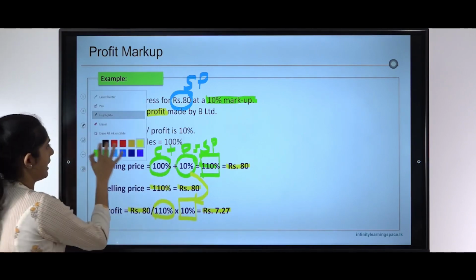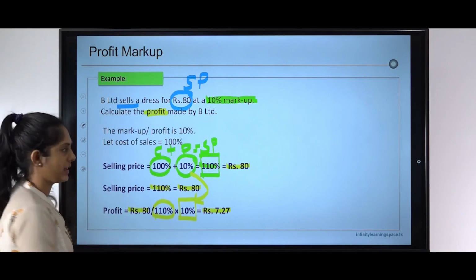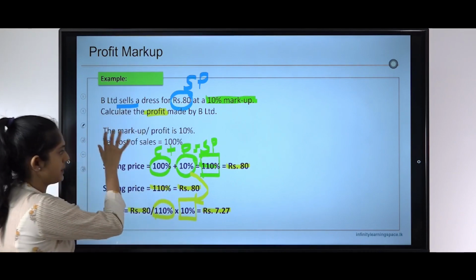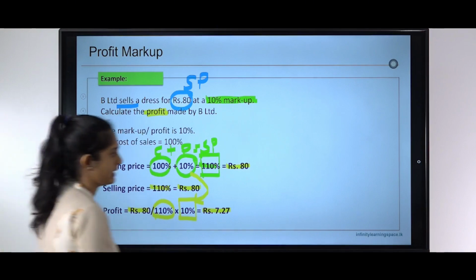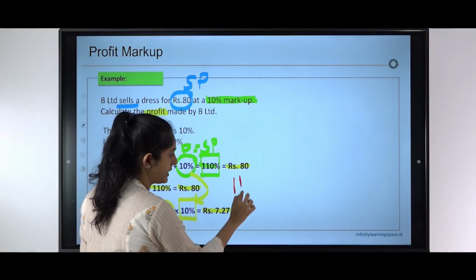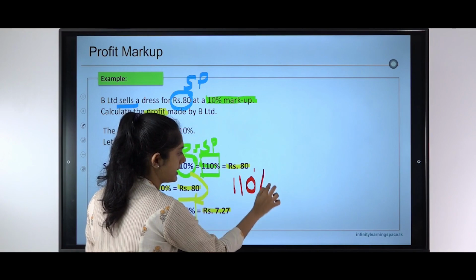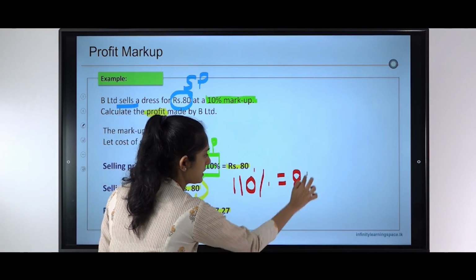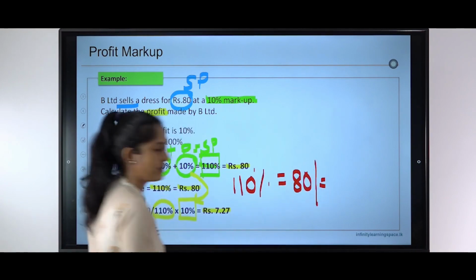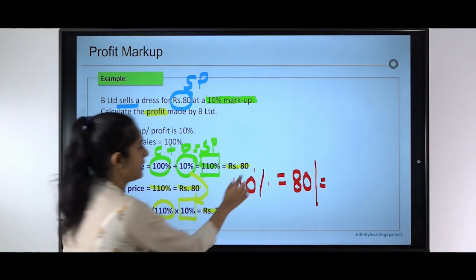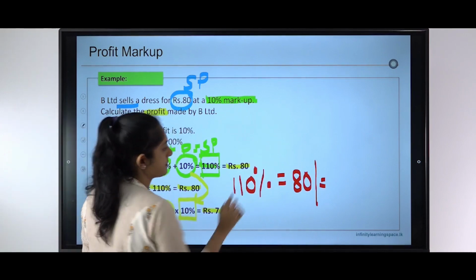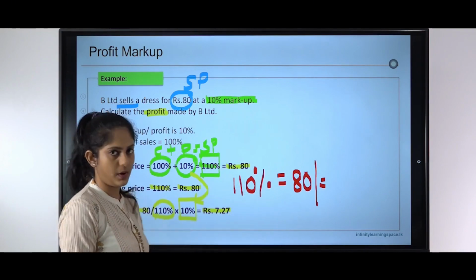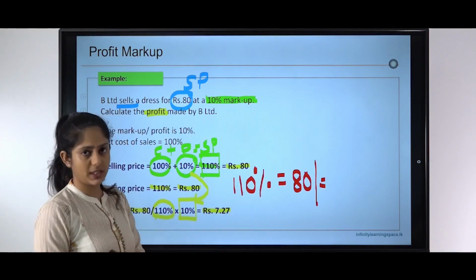That's the main idea. Once you get to that, you can figure out easily that they say markup of the profit is 10%. So, cost of 100 plus 10% is equal to 80 rupees. Once you know this, you can figure out how much is 10%, which is the profit. Or you can figure out how much is the cost.